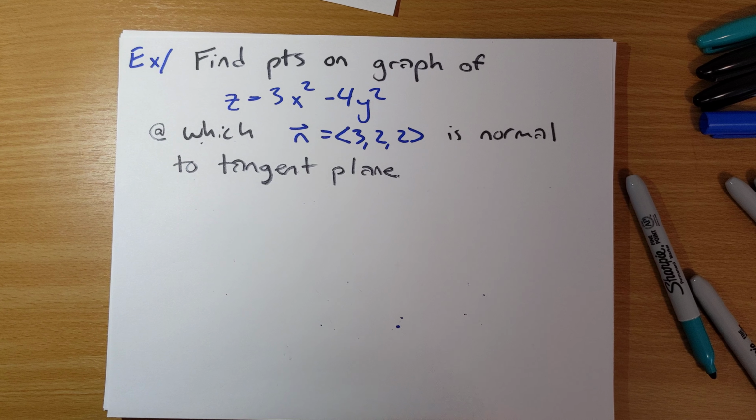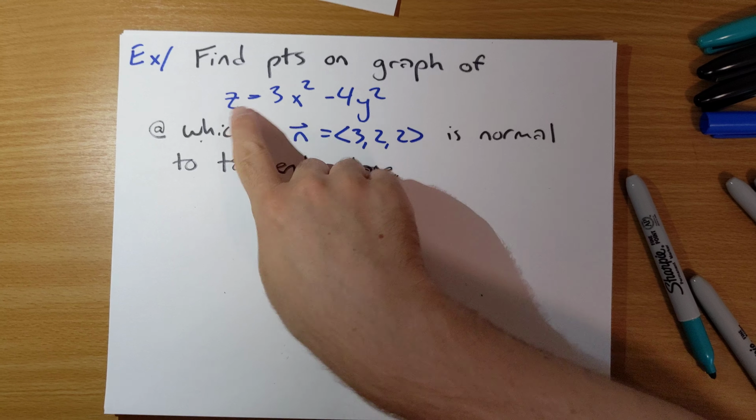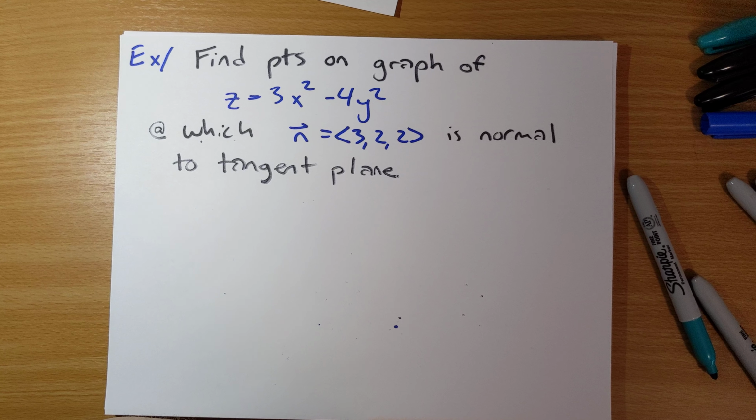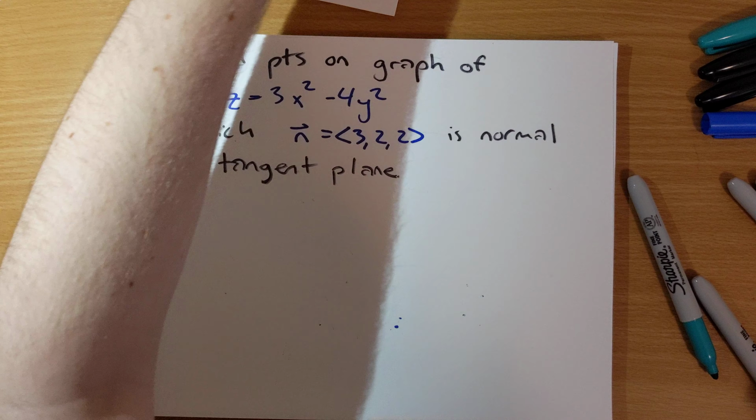A second example here: find points on the graph of z equals 3x squared minus 4y squared at which the vector (3, 2, 2) is normal to the tangent plane. What do we realize here?